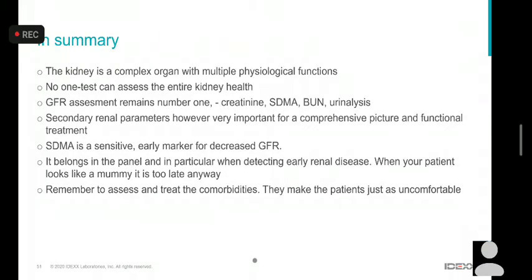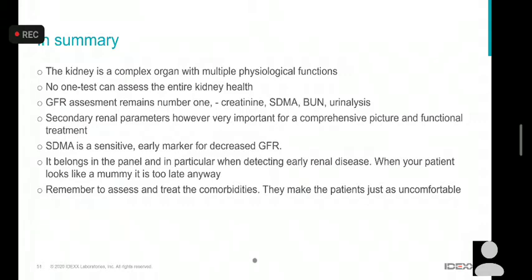So, in summary, the kidney is indeed a very complex organ, and it has multiple physiological functions. So not one test can assess the entire kidney health. It's really a puzzle, and it's a puzzle that, you know, it's fun, it's interesting, it's enchanting, and it's also frustrating. The damage to the kidney can be in different anatomical and physiological regions.